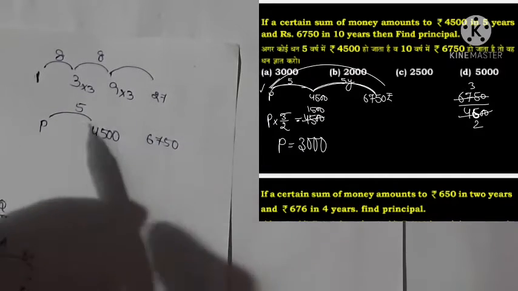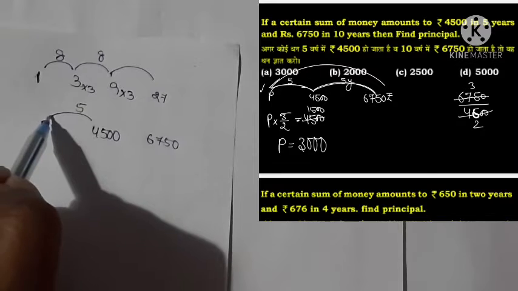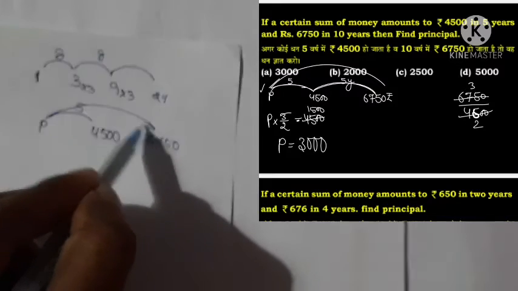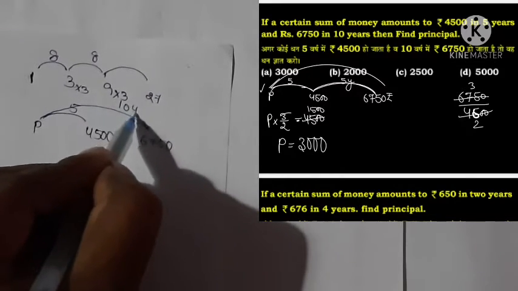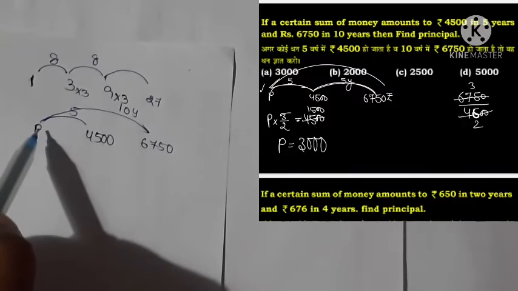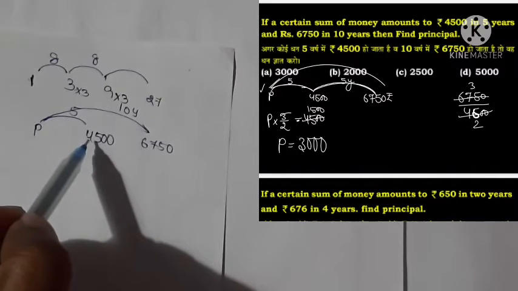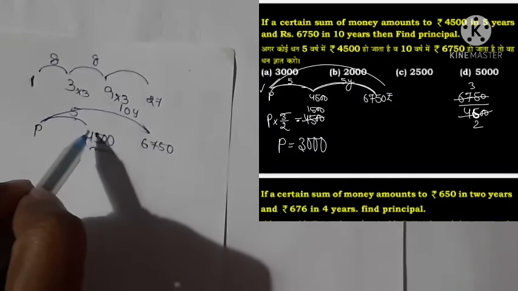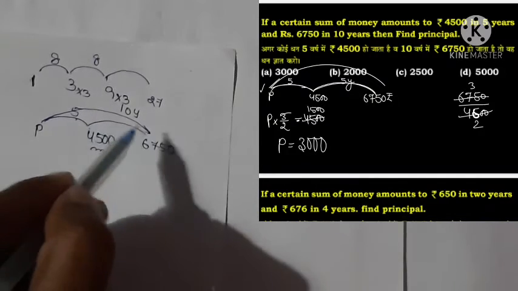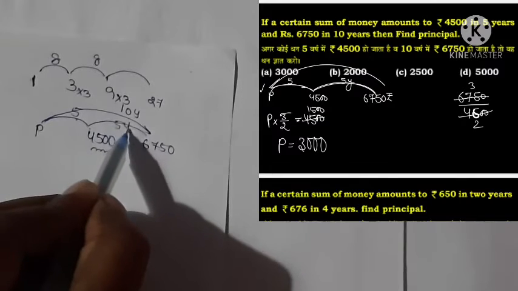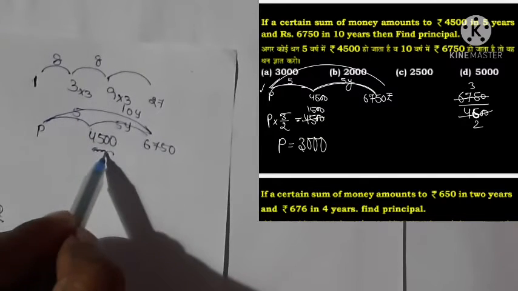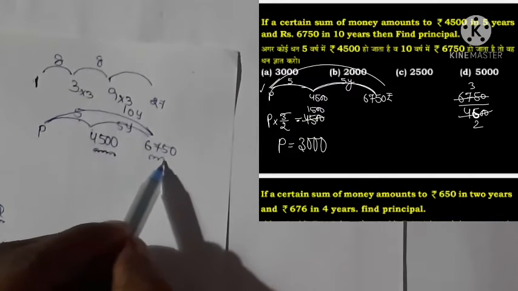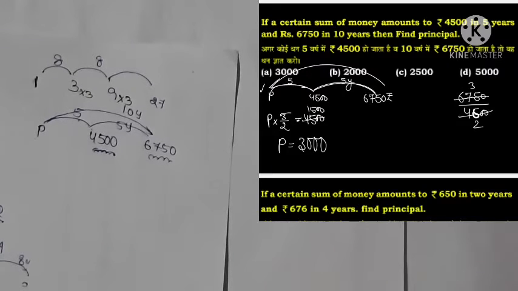So the principal amounts to 4,500 in 5 years, and after 5 years it amounts to 6,750.